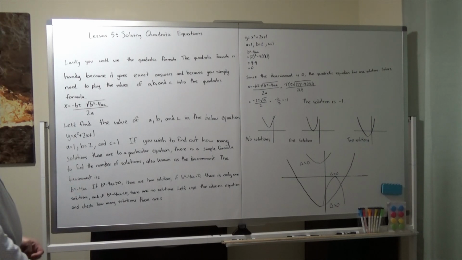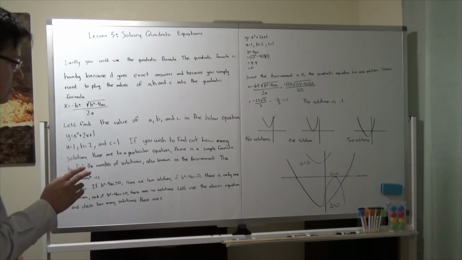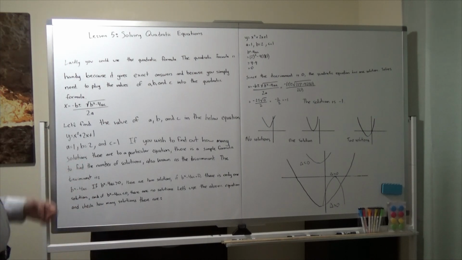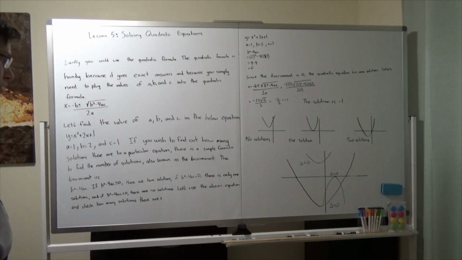If b squared minus 4ac is more than 0, there are two solutions. If b squared minus 4ac equals 0, there is only one solution. And if b squared minus 4ac is less than 0, there are no solutions.